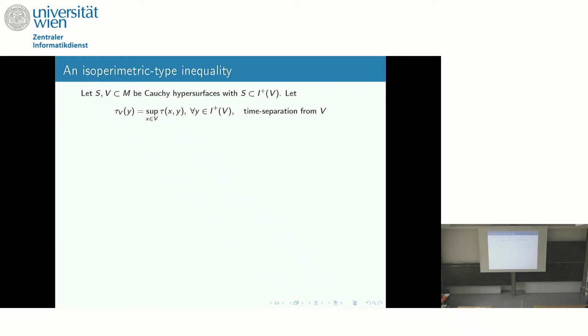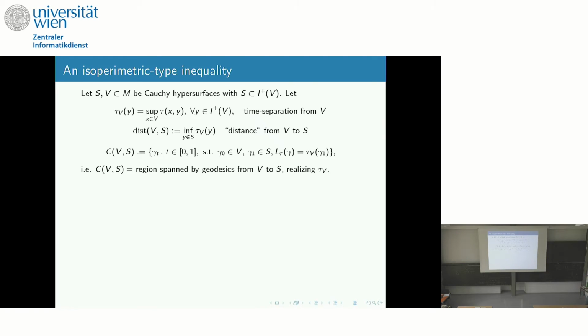So take any point y in the future of V, and then the time separation from V is the sup among all the points x in V of tau(x,y). This is what you do in the Riemannian setting for defining the distance, where you would put an inf here. And then we define the distance between V and S, where S is in the future of V, as the infimum of this tau_V. So it's a min-max quantity.